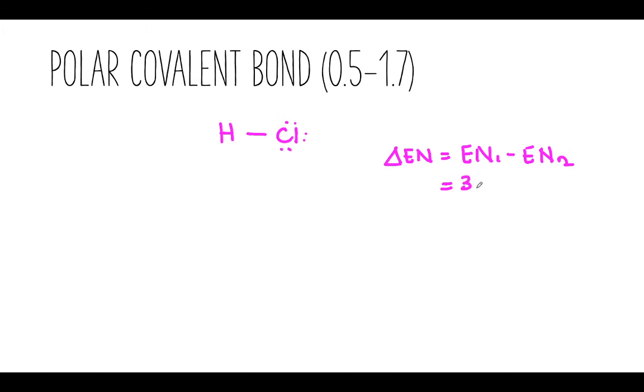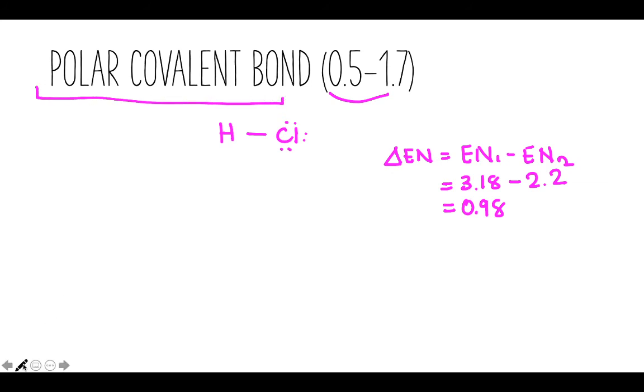So 3.18 is the electronegativity of chlorine minus 2.2, the electronegativity of hydrogen. So 3.18 minus 2.2 will be 0.98. Because 0.98 falls between 0.5 and 1.7, it is considered to be a polar covalent bond.